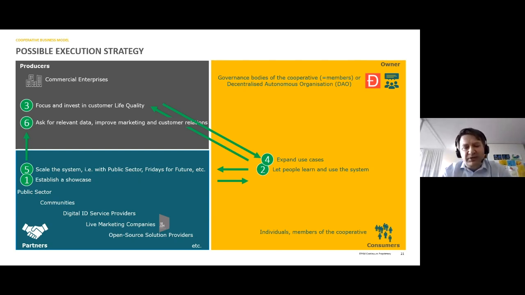We would better understand the trends and therefore design better products. So in the third step, focusing and then investing into customer life quality, and then going back, expanding the use cases, and at step number 4, scale the system. And then at the end, ask for relevant data, improving marketing and customer relations.